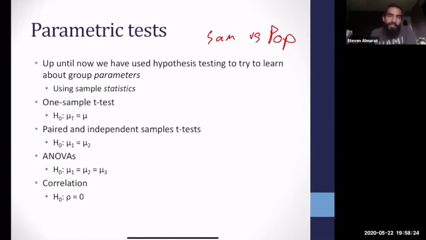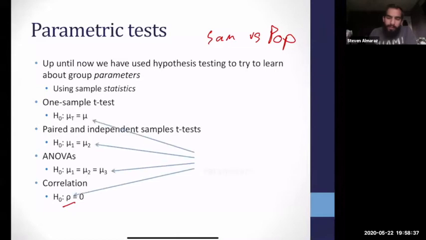In correlation, we moved away from mu, the population mean score, to rho, the population correlation value, all right? Now, these are all a little bit different, but what they have in common is they're all parameters about the population, okay?